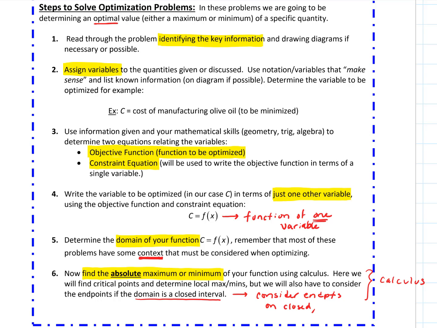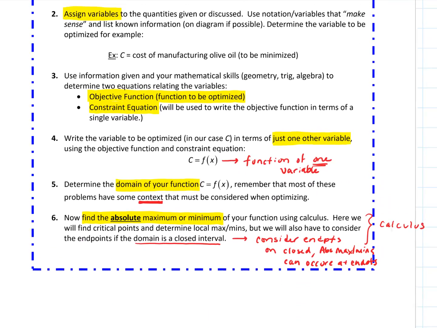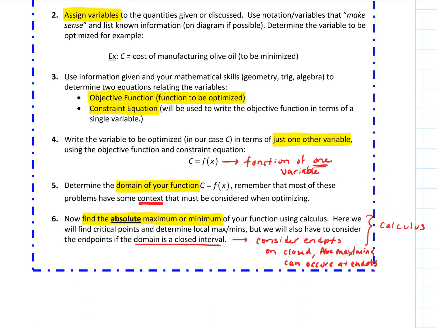That is because absolute max and min values can occur at endpoints. Okay. Local maxes and mins don't occur at the endpoints, but the absolute maxes and mins can occur at the endpoint. So if your restriction based on the context of the problem gives you a domain that's a closed interval, you do need to check those endpoints to make sure that your absolute max or min is not occurring at one of those points.